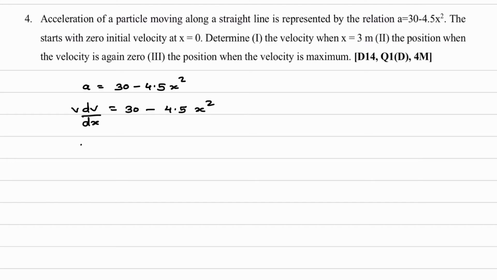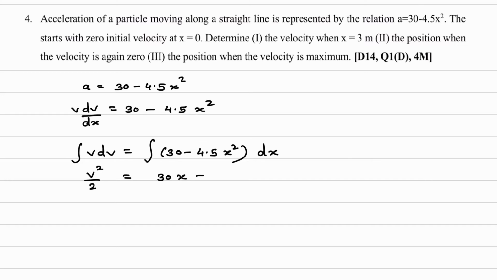So integral v dv is equal to integration of 30 minus 4.5x² dx. So integrating this, v²/2 is equal to 30x minus 4.5x³/3 plus c.